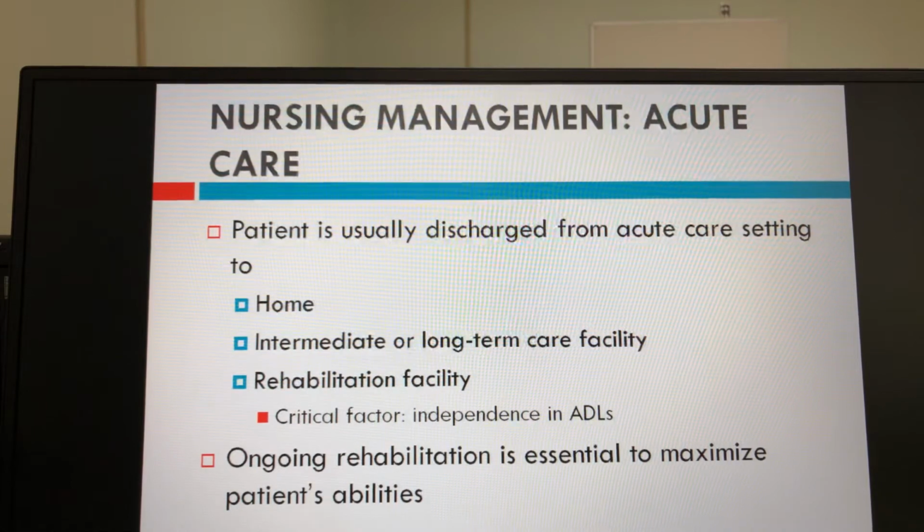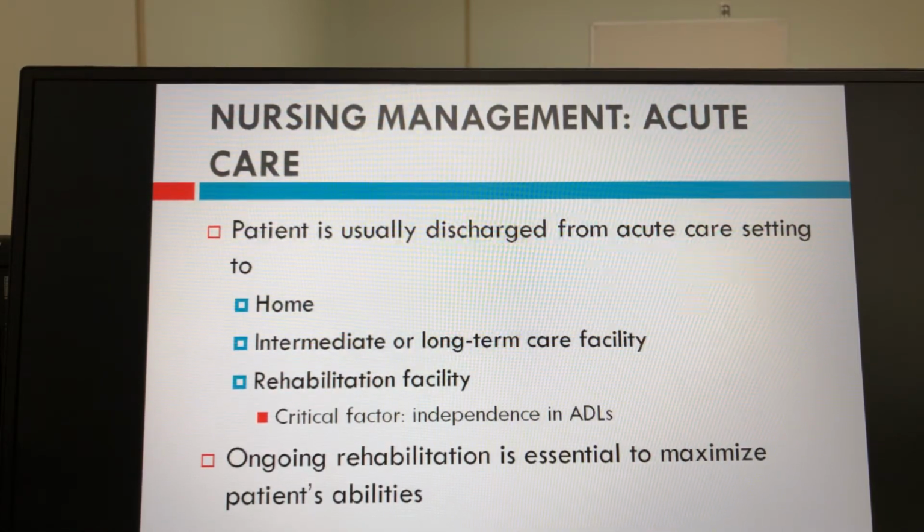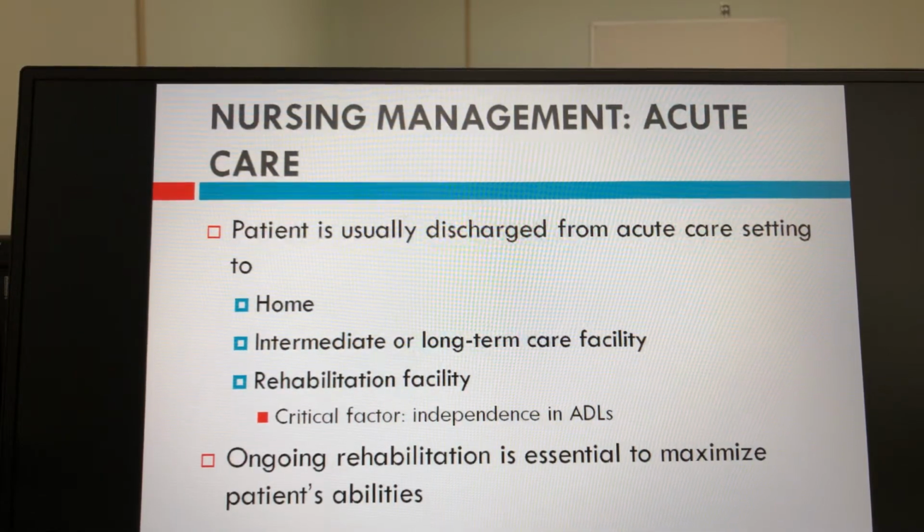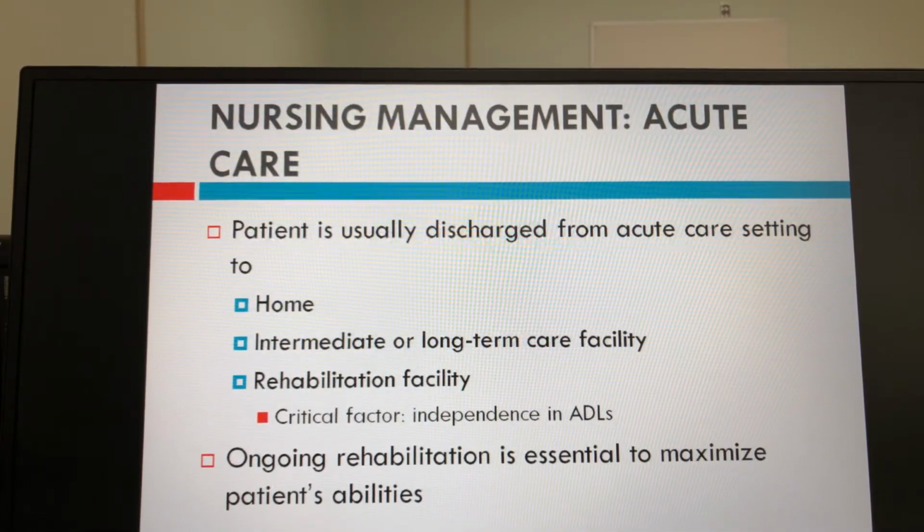The patient is usually discharged from the acute care setting to home, intermediate or long-term care facility, or rehab facility. And a critical factor in them being able to go to a rehab facility is that they are able to perform activities of daily living independently.